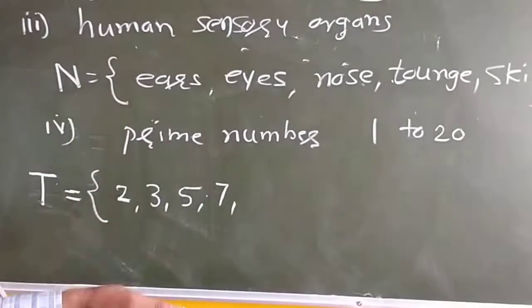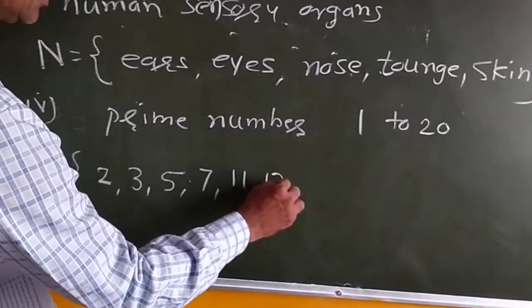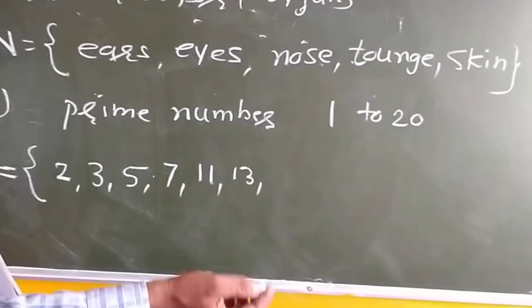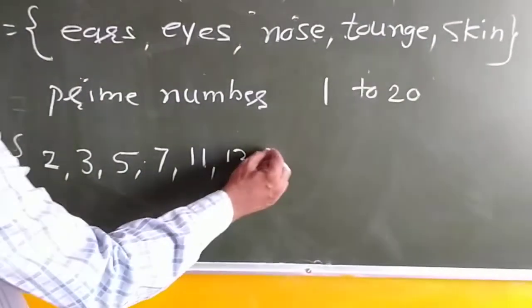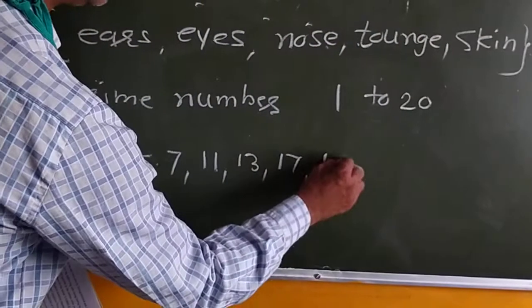They have a factor, so they are not prime numbers. Then 11, 13, 15 is not prime, 14 and 16 also not prime numbers, 17, 18, and lastly 19.